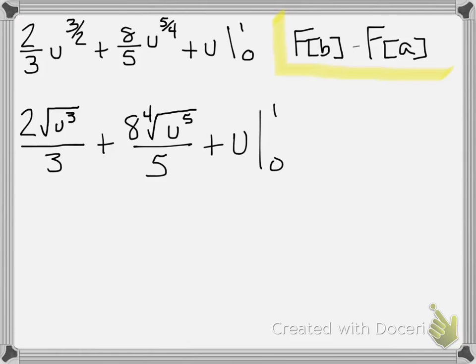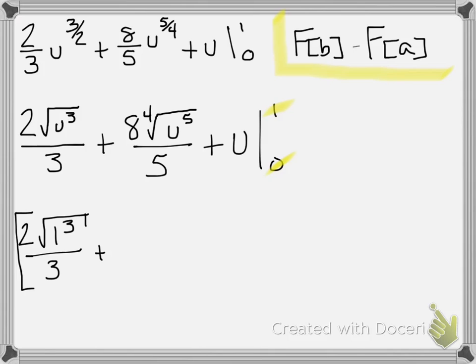Surprise. But so now we just go through and substitute our b's and our a's into the equation we have here. So it's going to be 2 times the square root of 1 cubed over 3, because we're substituting in our b's.